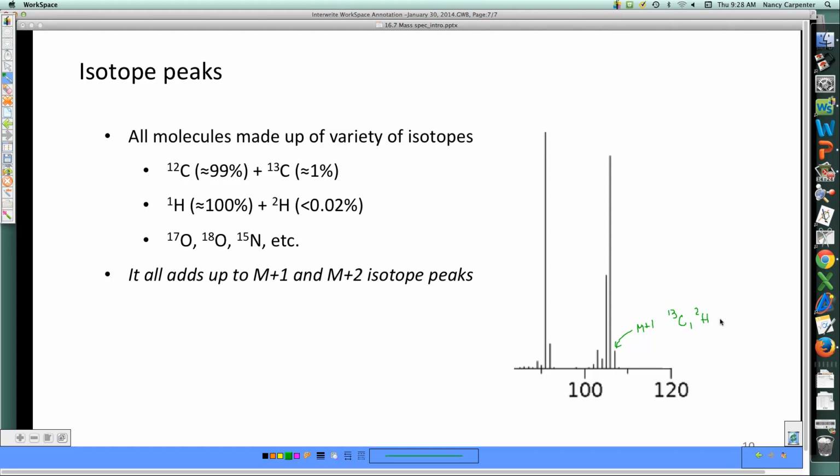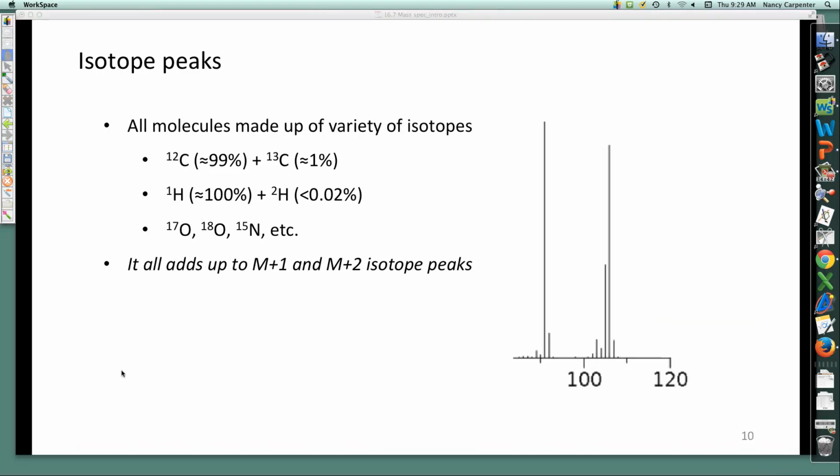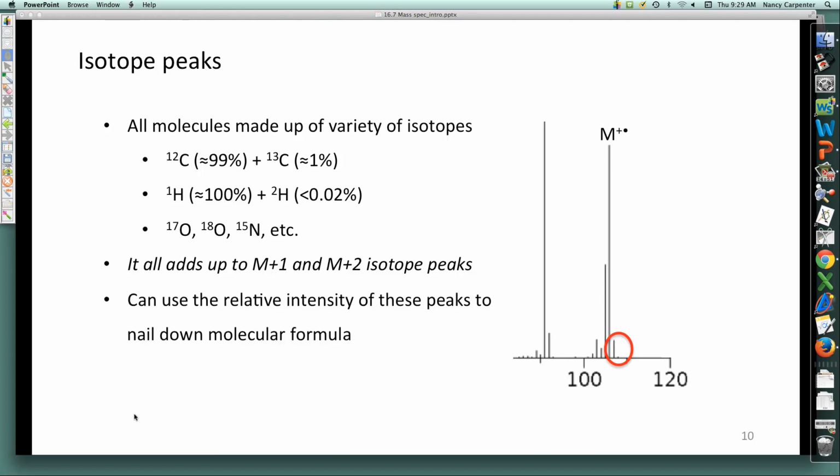If this is oxygen containing, maybe some O17, etc., etc. All those little amounts of isotopes add up to M+1. And then if this has some oxygen in it, this would be from the O18 present. So that's the story with the isotope peaks. There they are. So now we know that's the molecular ion, and those little guys are the isotope peaks.